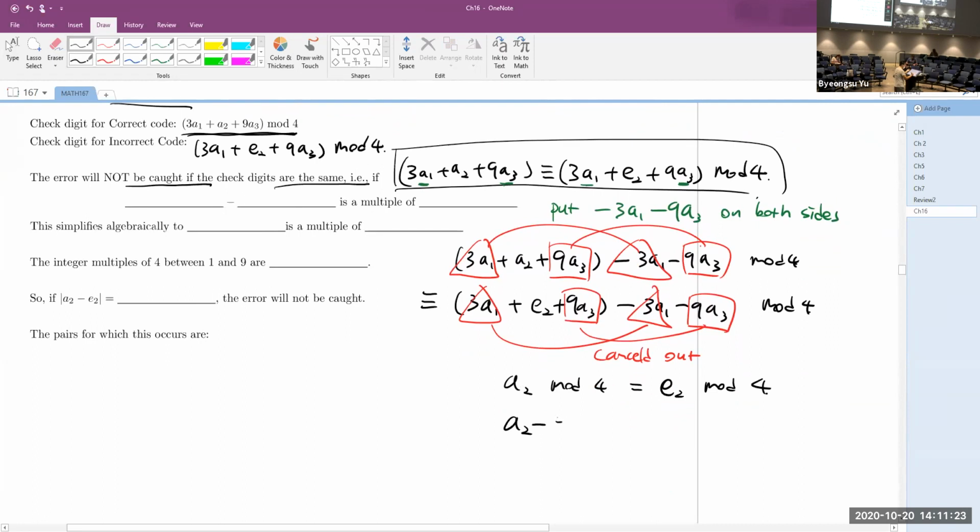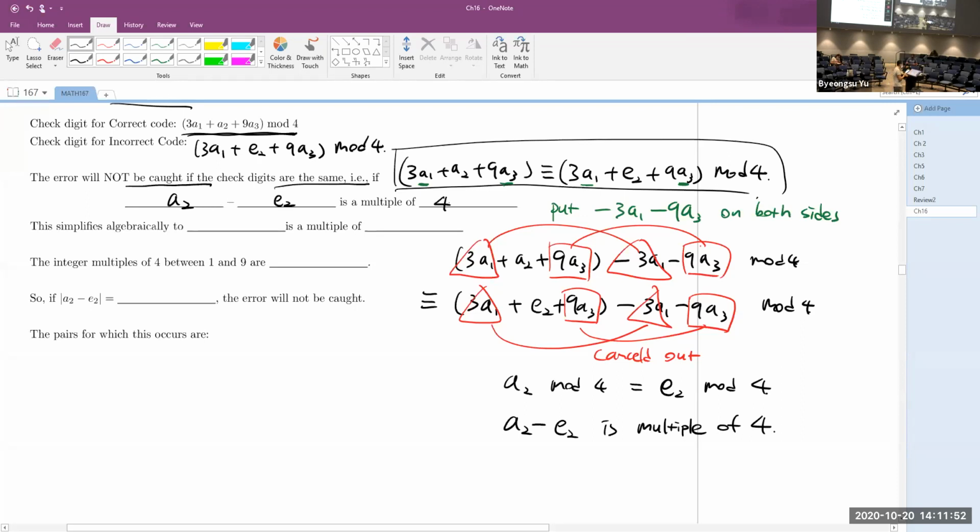It means that A2 minus E2 is a multiple of 4. Okay, great. If you have any question on this simplification, good. So the condition is that A2 minus E2 is a multiple of 4.